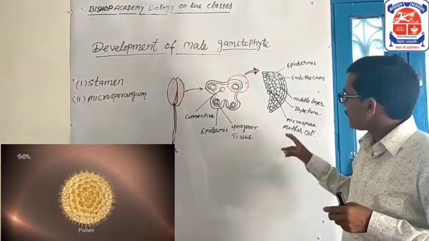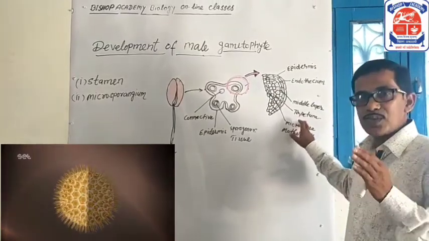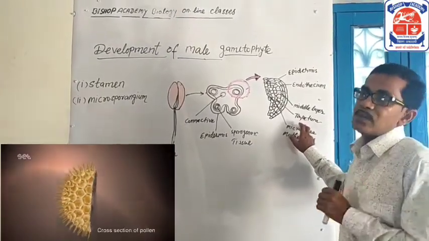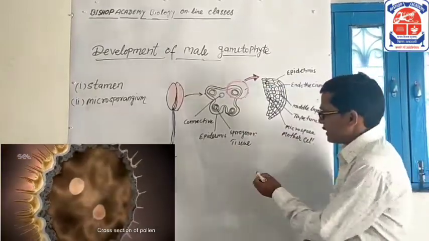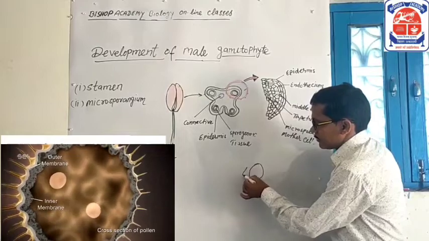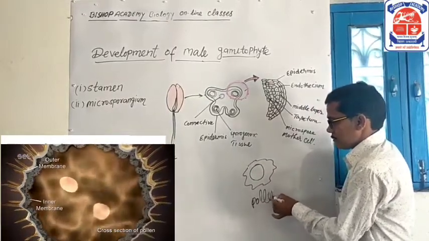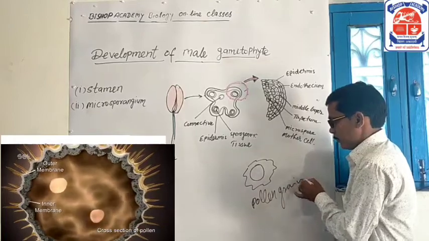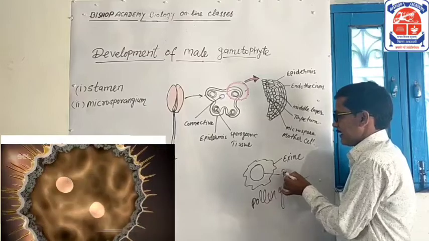microsporangia. And the tapetum has Ubisch bodies, which help in the formation of the exine layer. The exine layer is part of the structure of a pollen grain, and it is called exine, while the inner layer is called intine.